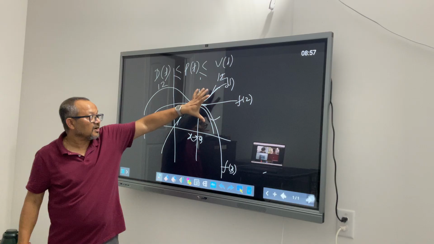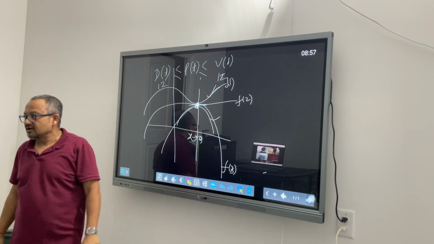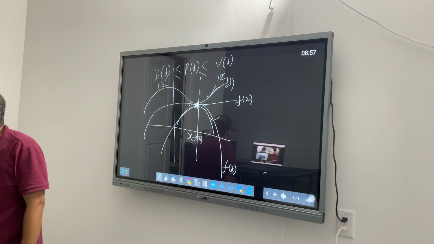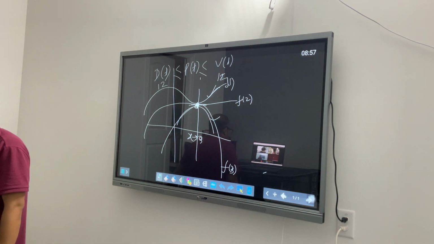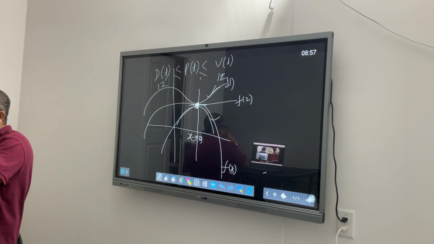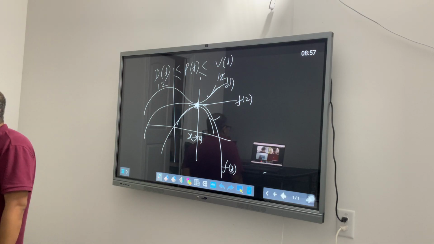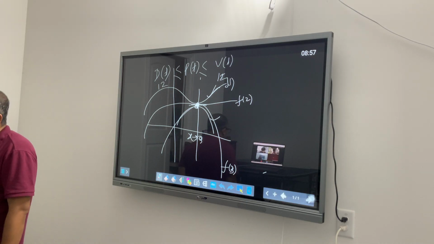These two functions' limits dictate the limit for the middle one also, because this function is squeezed between the two functions, and at that given point it is influenced by the other two functions that we look at. So we'll probably spend a little bit more time on this one. I just wanted to give a prelude to this particular theorem, and then we'll try solving a few problems to make it a little more clear to us.